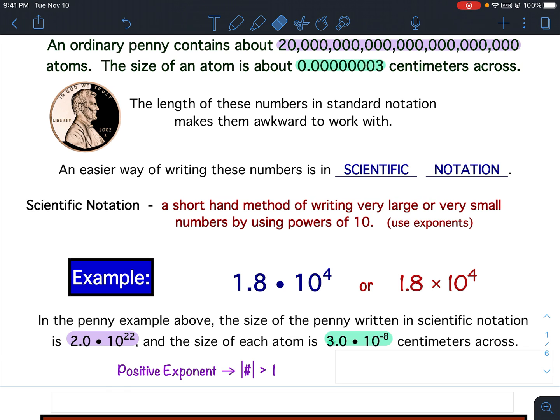So here's what you need to recognize. If the number is, well, I should say the absolute value, because we will be working with negative numbers as well. If the absolute value of the number is greater than 1, you're going to have a positive exponent.